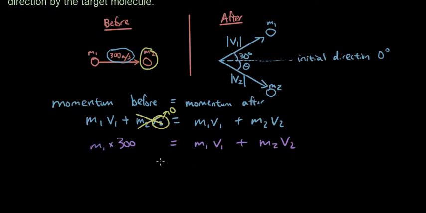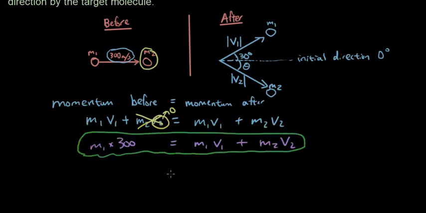So we need to split this up into vertical and horizontal components. So I'm going to have another 2 equations. Actually, this equation isn't even right technically because we haven't split it up into vertical and horizontal components.